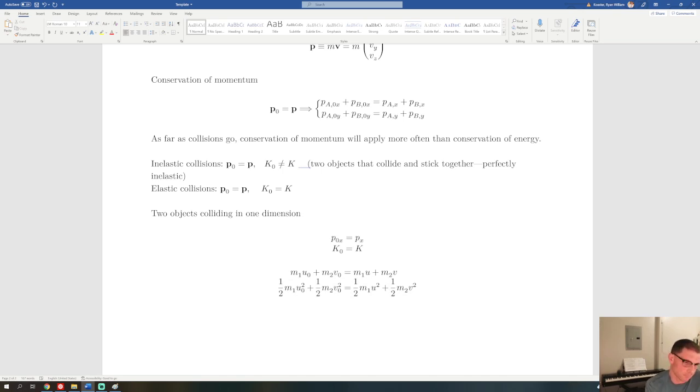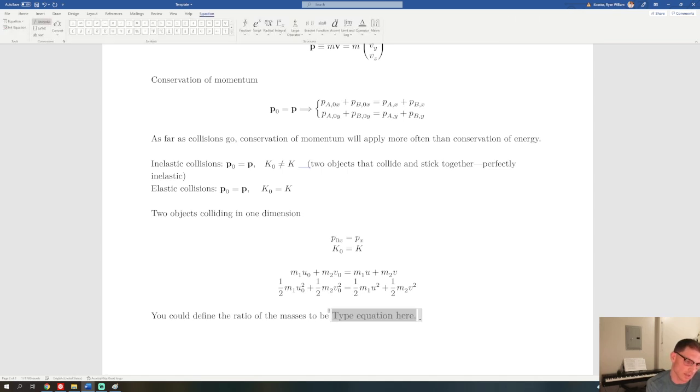You could define the ratio of the masses to be something like this. I'll use a fancy M. So let's see, hang on. In reality, there's no such thing as a collision where energy is conserved. Well, energy is always conserved, actually.